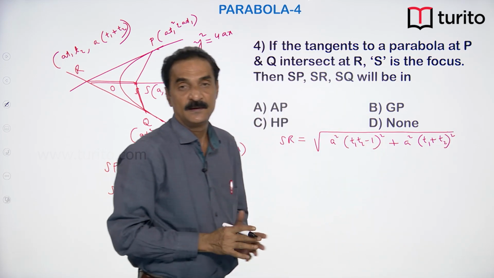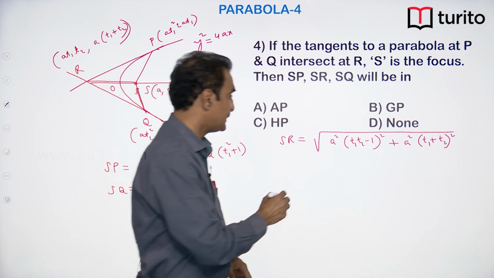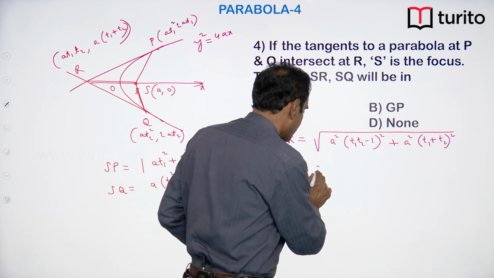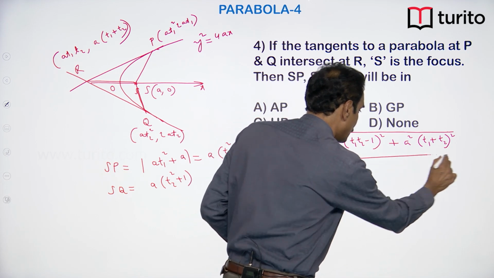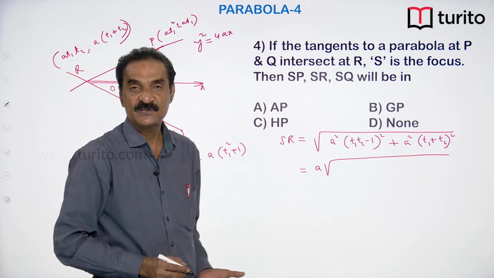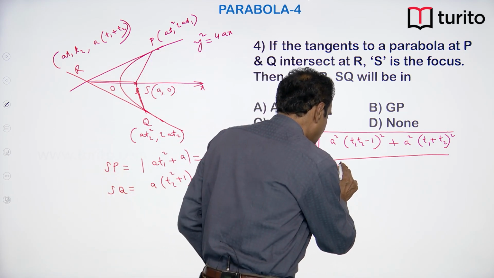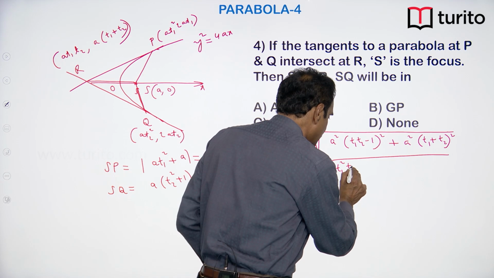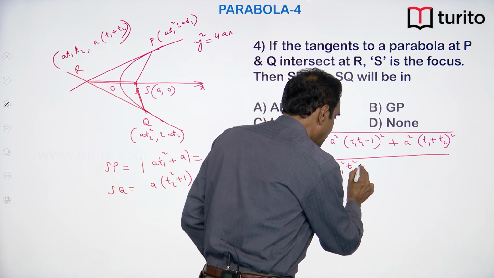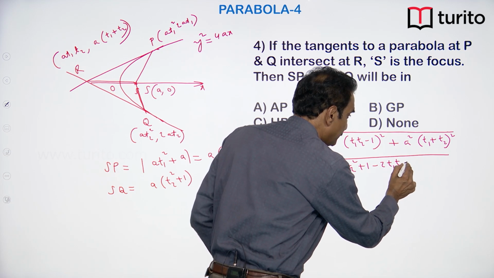Okay. We can take out a square, it becomes a root. Expand (T1T2 minus 1) whole square, we get T1 square T2 square plus 1 minus 2T1T2.